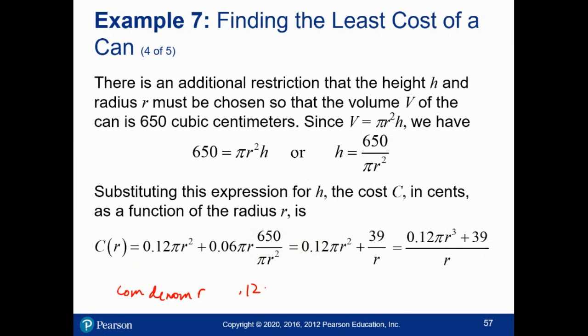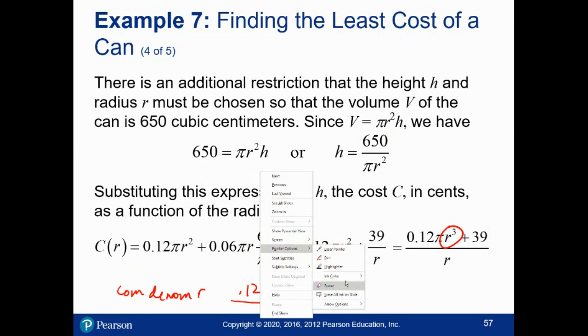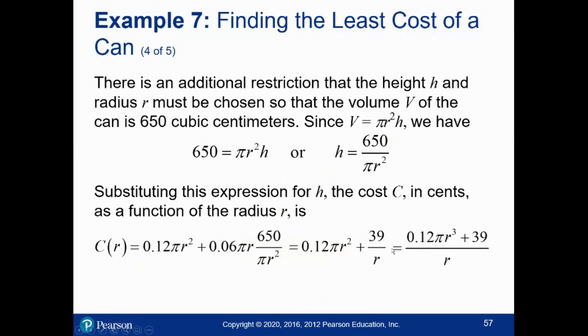So 0.12 pi r squared, I want it to have denominator r, but if I'm dividing by r, I'd better multiply by r as well. And that's why we have an r cubed here. So now I have a nice rational function.